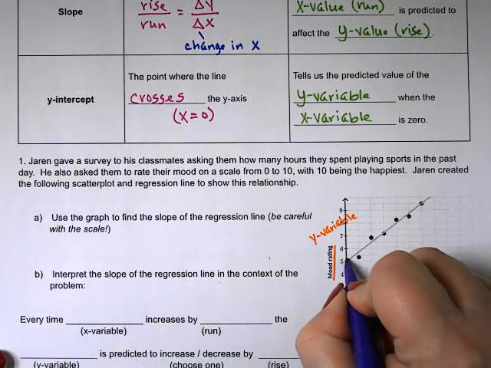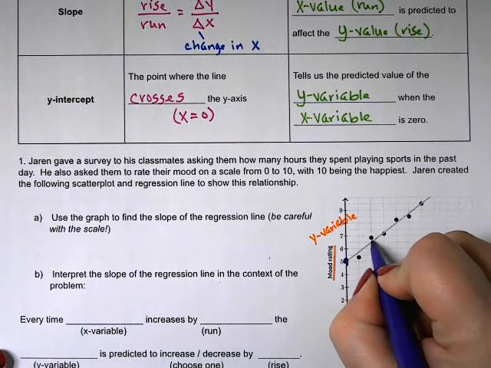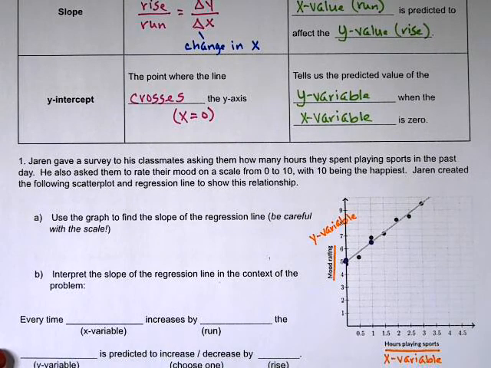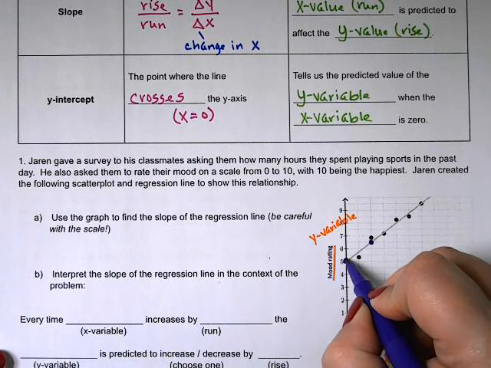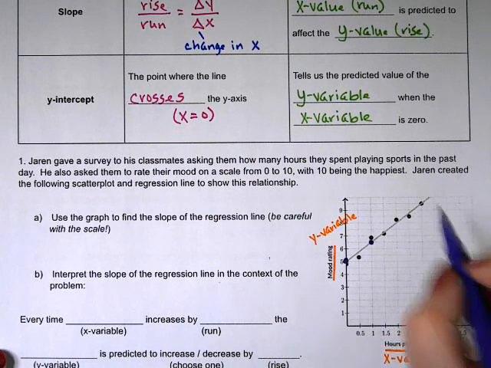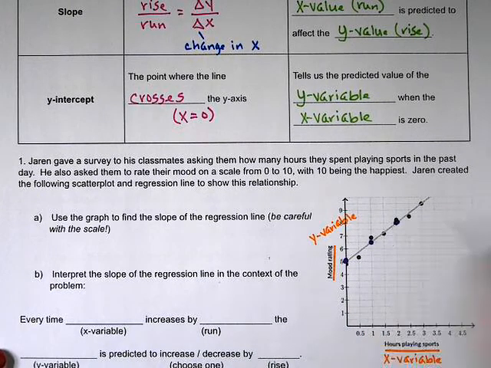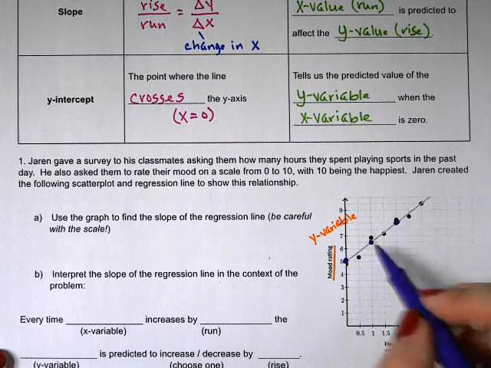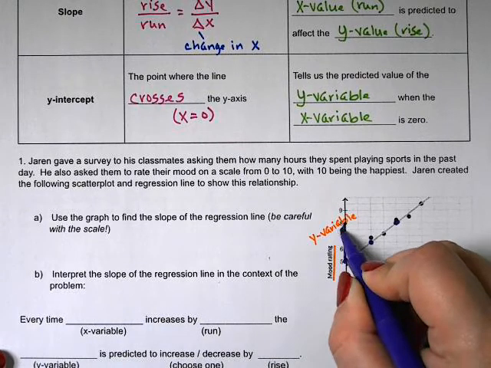So I'm going to go right here because that's my y-intercept. That's a nice point. And then it looks like there's a good point right here. So I'm going to go up from 5 to, actually, I'm going to pick a better point. How about we go here? That scale is weird, and so that way we don't have a fraction. So I'm going to go from 5 to 8, so that's going to go up 3.